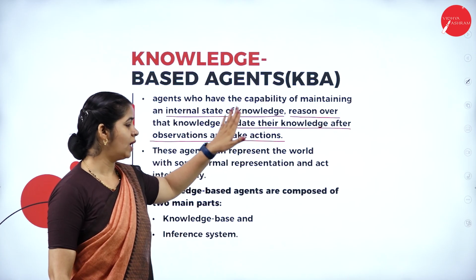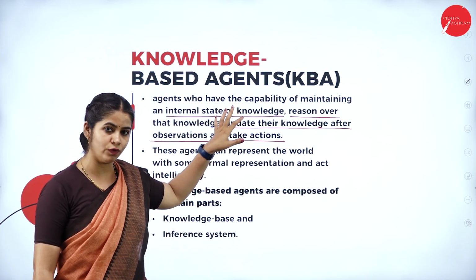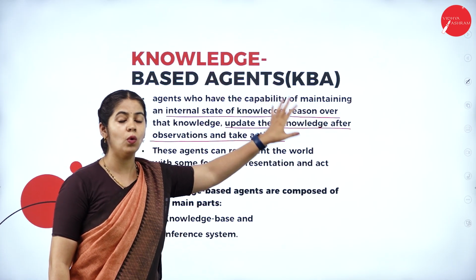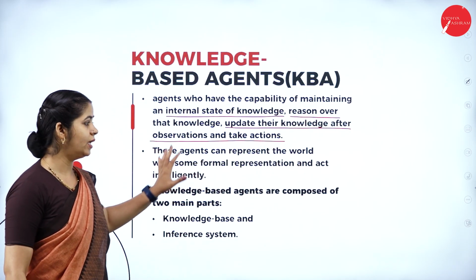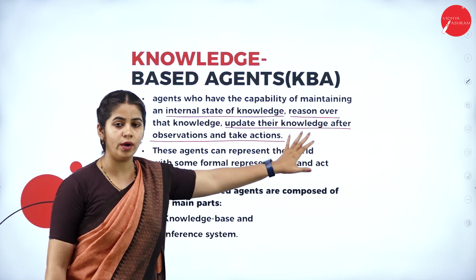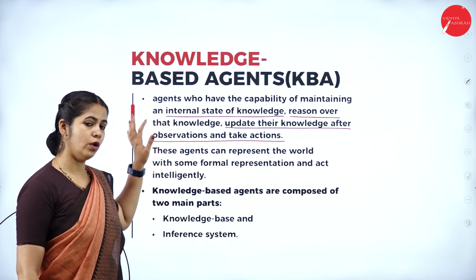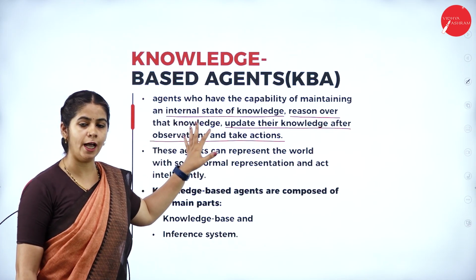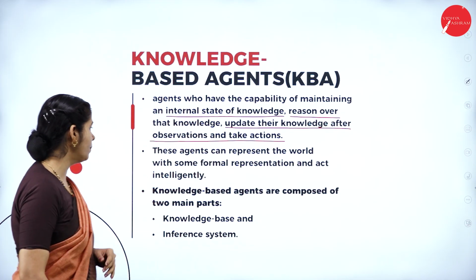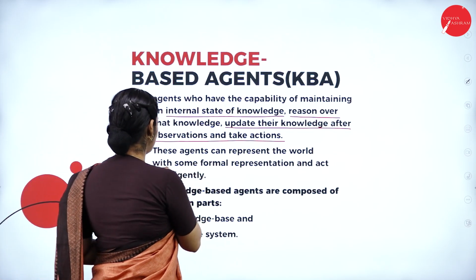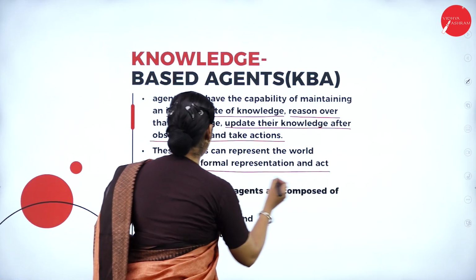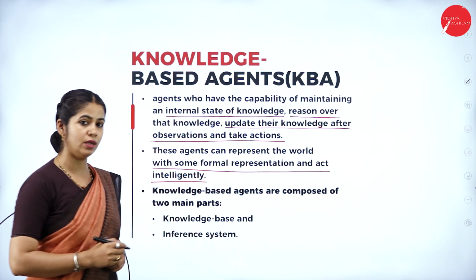An agent who has some internal state of knowledge, can reason over it, and can update the knowledge according to the environment or the observation made in that environment. These agents can represent the world with some formal representation and act intelligently.